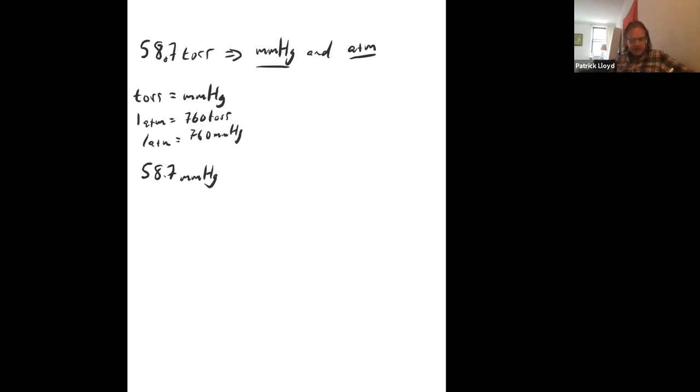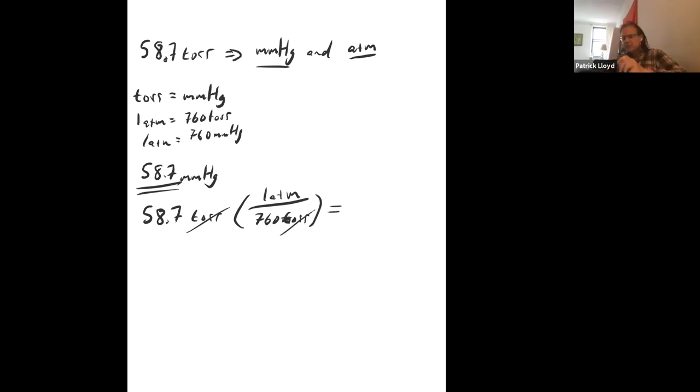So we have 58.7 torr, and 1 atmosphere is 760 torr. The torr is actually pretty practical, we use it quite a bit. So 58.7 divided by 760, and you get a pretty small number, right?